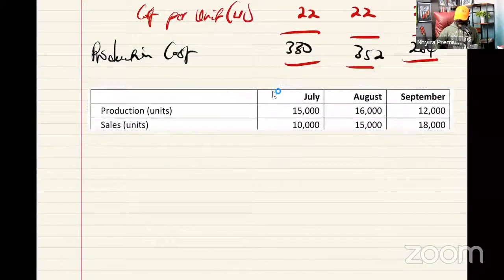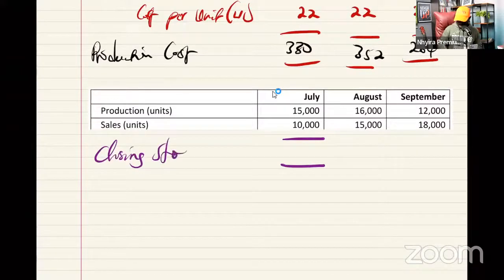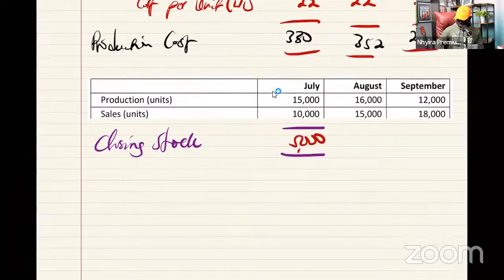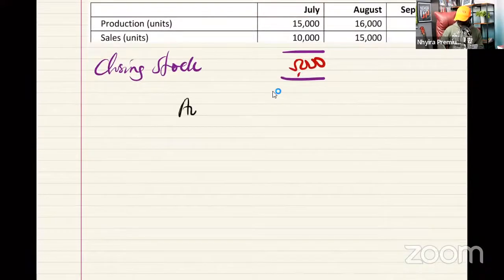Now, for July, we don't need any miracle for July. So the closing stock for July will be the difference between what we produce and what we sell. So July closing stock is going to be 5,000. Agreed? 5,000. But August closing stock will not be the same. So for August, you would have to work it out. Stay with me carefully. So for the August, the closing stock for July becomes opening for August.